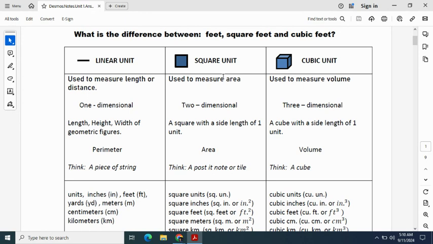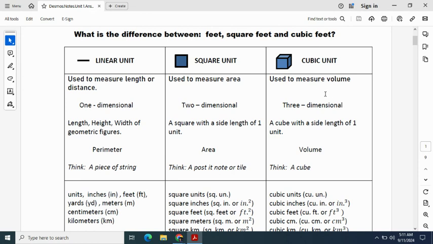Whereas area would be how much would be filling, let's say, the floor of our classroom. Like linear unit would be if I were to take a piece of string to outline the classroom. So cubic unit, how much space can we fill inside?